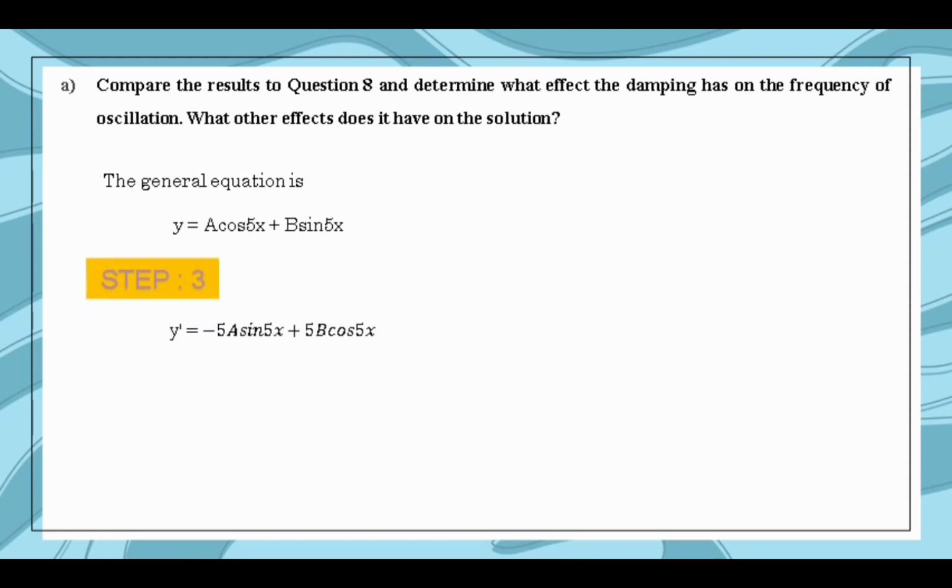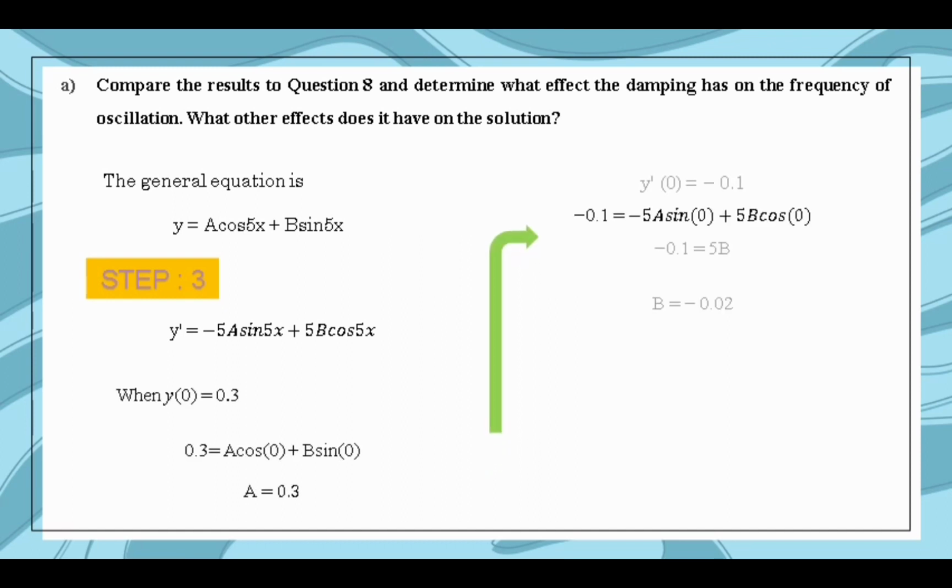The next step is to differentiate the equation and we will get negative 5a sin 5x plus 5b cos 5x. Then, by applying the initial conditions, we will get a equals 0.3 and b equals negative 0.02. Hence, the equation of motion is y equals 0.3 cos 5t minus 0.02 sin 5t.